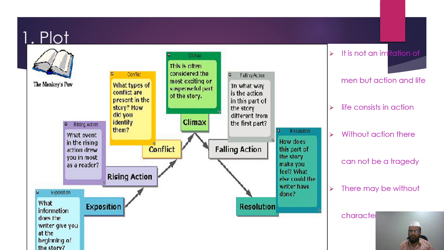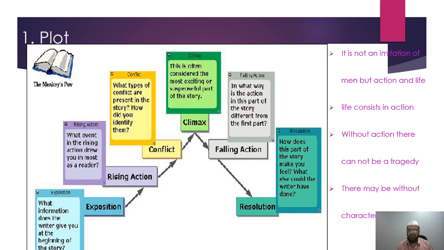So the story begins at exposition, it moves with rising action, there is a conflict, and finally it reaches the climax. And from climax there is a sudden turn or change in the motion of the story. It is called falling action.